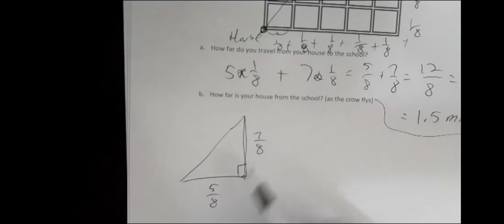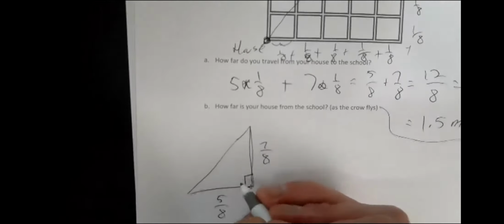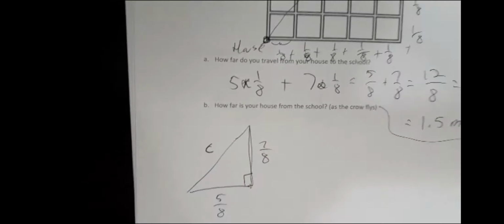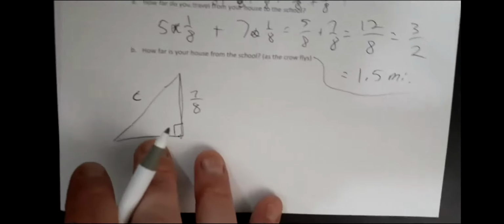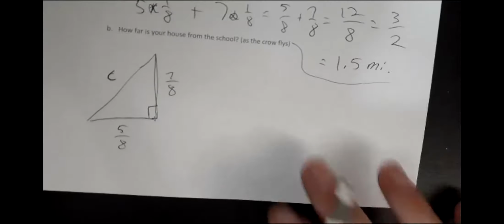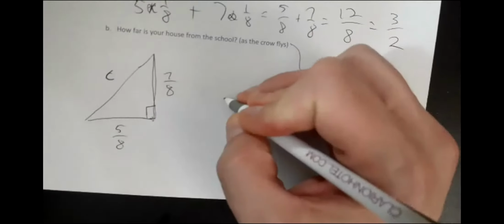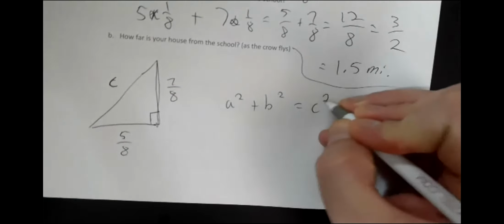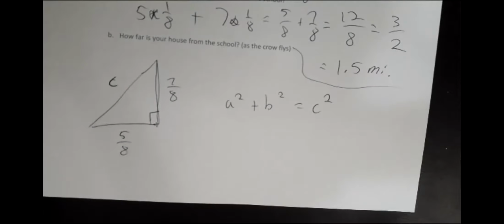We don't know what this side is, but you might notice it's opposite my right angle, so I'm going to let that be my variable c. I probably don't even need to use the variable too much. But I know a squared plus b squared equals c squared, and that relates to a right triangle.